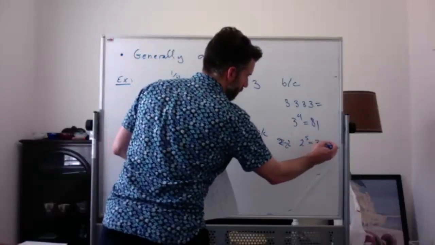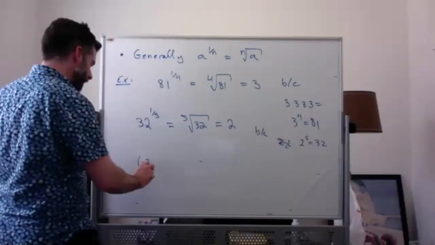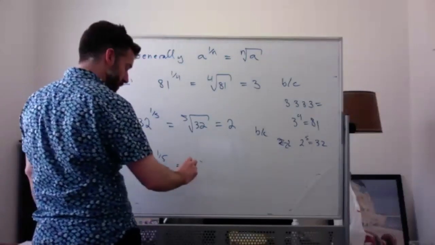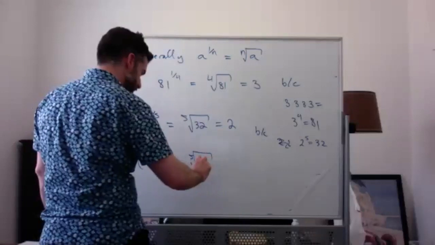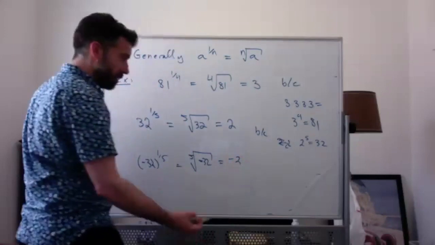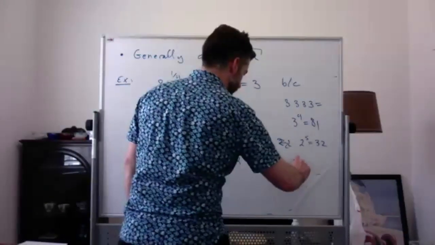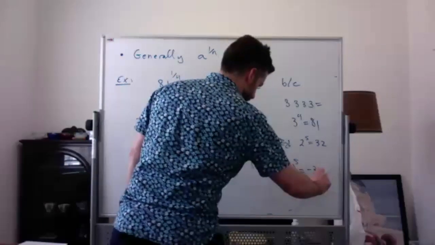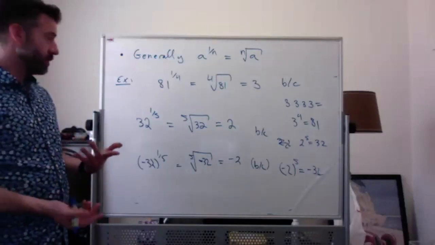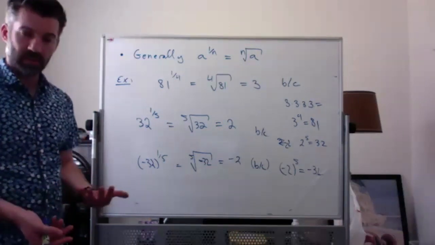I will also point out that negative 32 to the 1/5 power, or alternatively the 5th root of negative 32, is equal to negative 2, because negative 2 raised to the 5th power is negative 32. It is always possible to take odd roots of negative numbers.